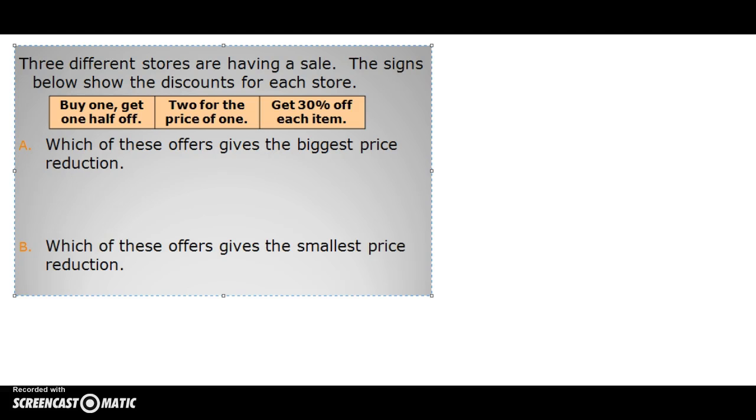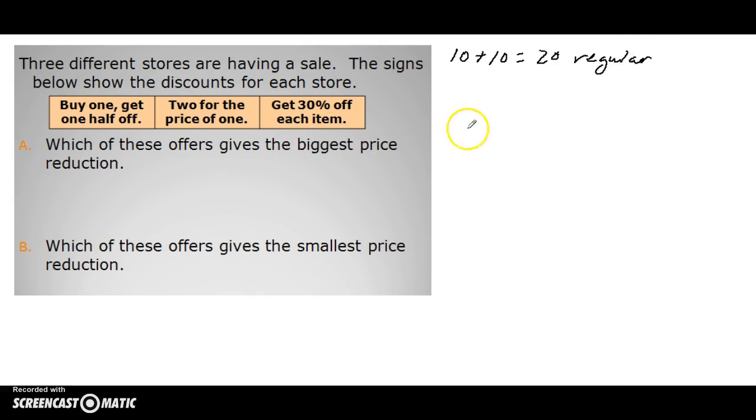So I think this one's kind of interesting. We see these kinds of sales all the time. So we'll compare 3 different stores selling the same thing with different sales. The first one is buy one, get one half off. Let's just call the 2 items $10 items, let's say. So regular price would be $20.